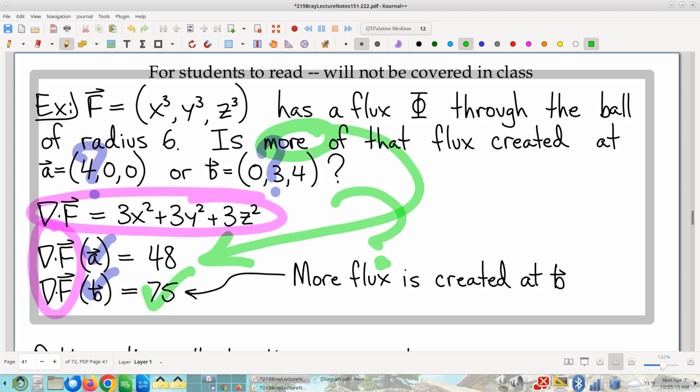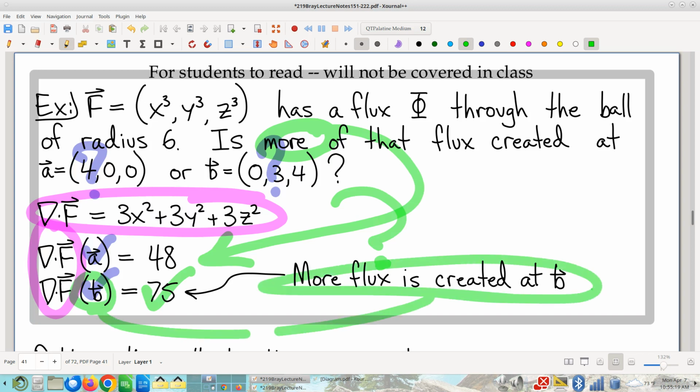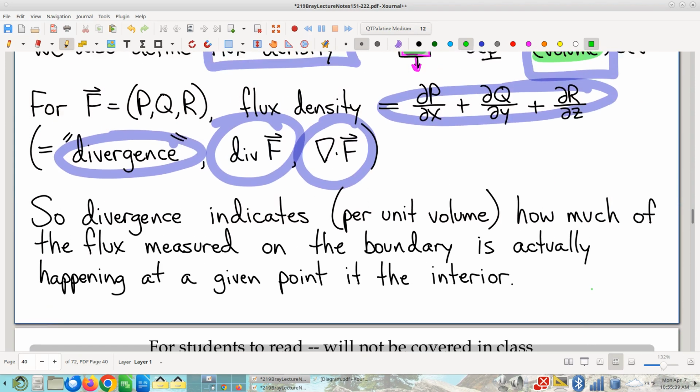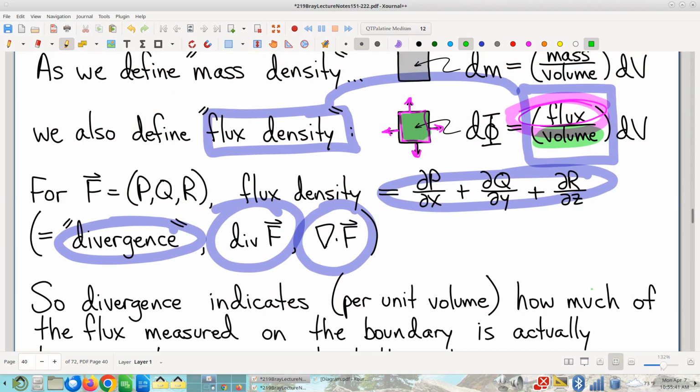And so there's more flux happening at the point B. Right? It's just in the same way that the derivative tells you where change happens. Flux density, aka divergence, tells you where flux comes from, where that flux is happening. So, pretty explicit interpretation of this term, flux density.